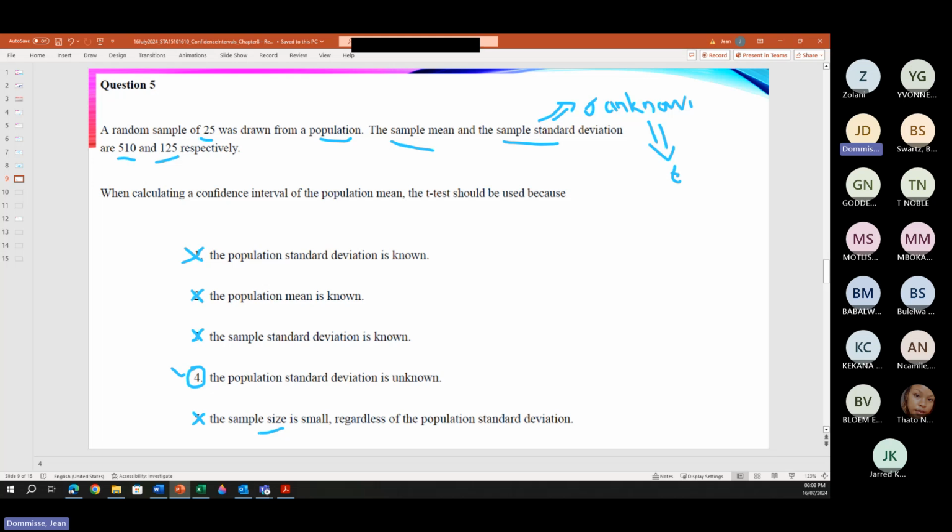Then population standard deviation tells me I can work with a Z. So just be very careful with this one specifically. It is more to do with the standard deviation than it is with the sample size.